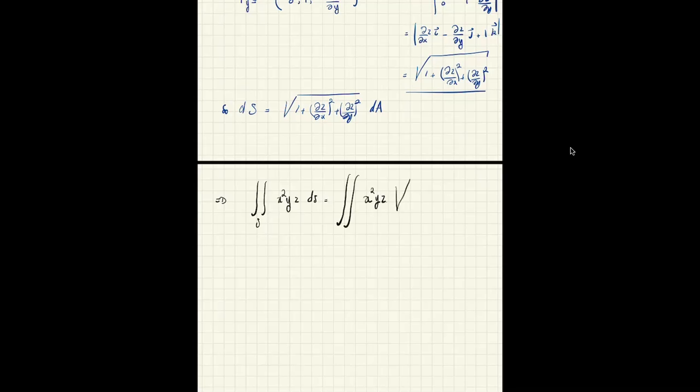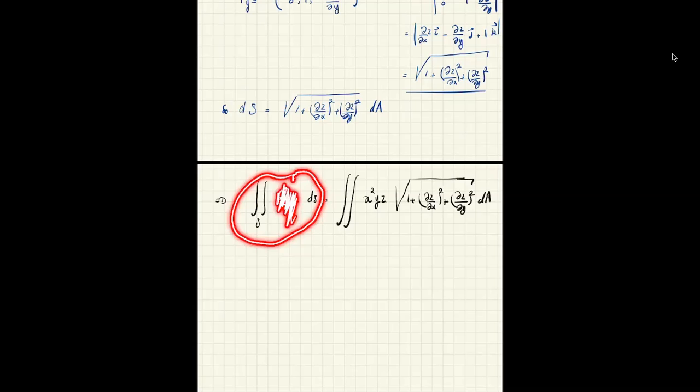Now what is dS? dS is the square root of 1 plus del z del x squared plus del z del y squared dA, right? Because when we don't have a function here, what is left is actually just the surface area of what you have, right? So you will have this formula, which is the one you used before. Remember, when you have a function, you just multiply this very tiny piece of area by some function.